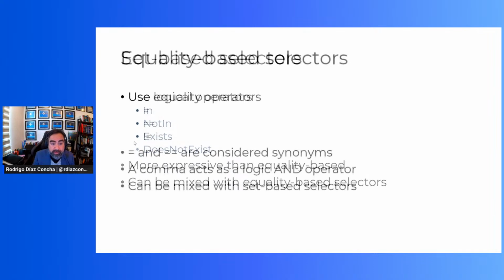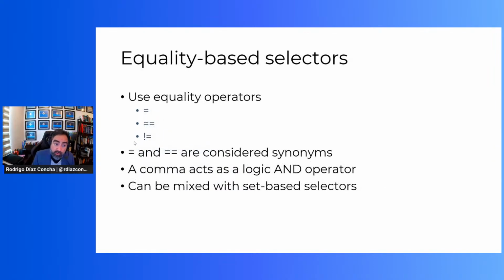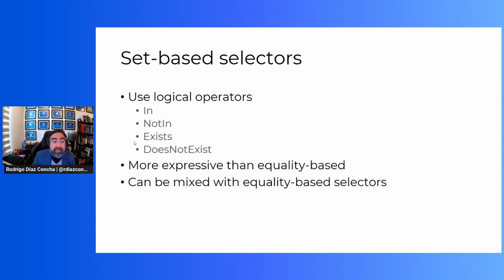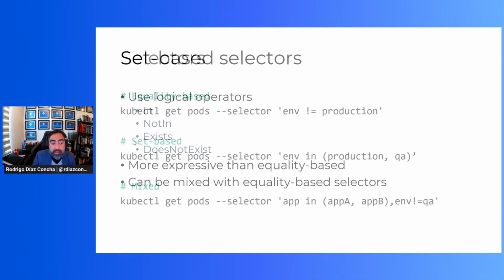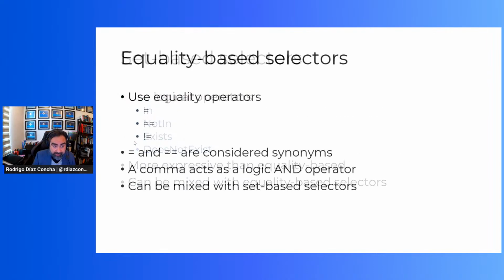And we have 2 different kinds of selectors. We have set-based selectors and equality-based. Set-based and equality-based. So the difference is the operators that you can use for specifying your selectors. For instance, in equality-based selectors, you use equality operators, right?